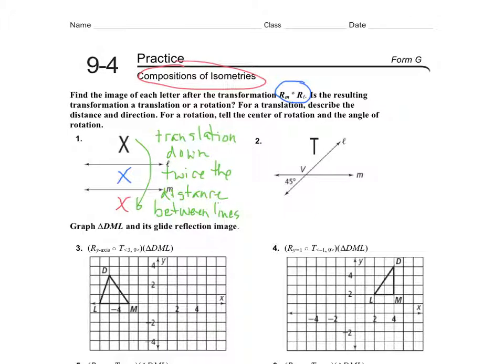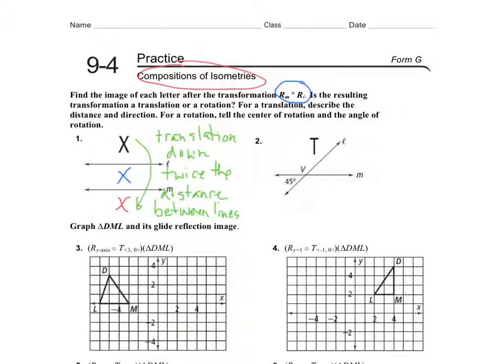So then let's look at number 2. This one's a little bit harder to do. Again, I would copy this, and then I would fold your paper along this line L, because we're going to do the reflection over L first. And then you'll see this T appearing underneath here, and then you can just trace the T, open up your paper, and trace it back again.